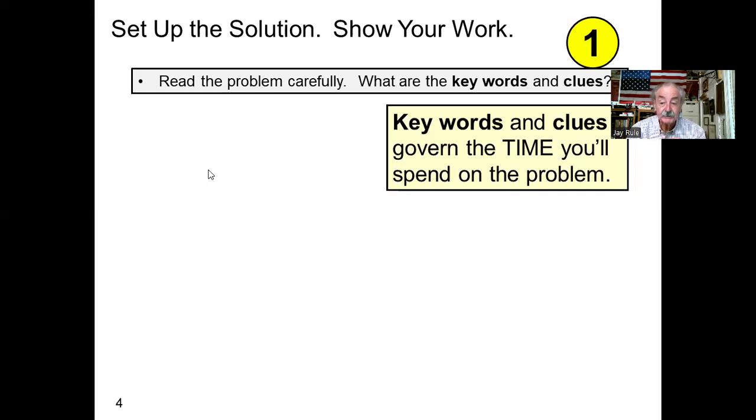Doing homework problems experience will pay off. The key words and clues given in a problem statement are going to govern the time that you're going to spend on that problem. An awful lot of times there are keywords or clues that make certain answers a snap, a 0, and you'd write that down, maybe explain it. Okay, read the problem carefully, look for keywords and clues.